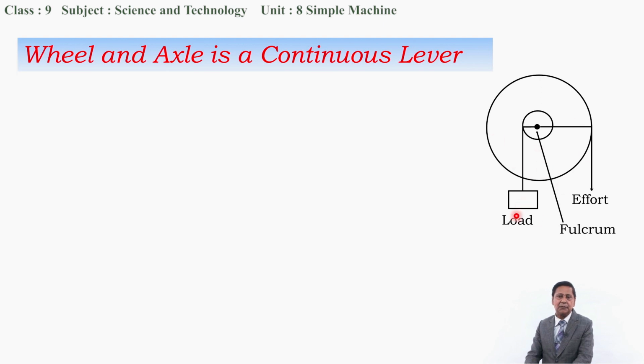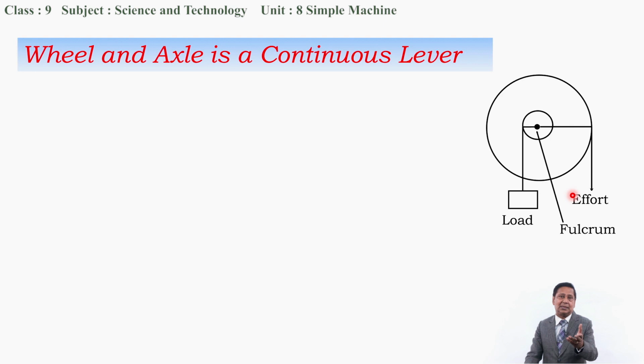So, if we compare a wheel and axle with a lever, then this common center is the fulcrum, the distance from this common center to the circumference of the wheel is the effort distance, and this arm is called the effort arm, and the distance from this common center to the circumference of the axle is the load distance, and this arm is called the load arm.